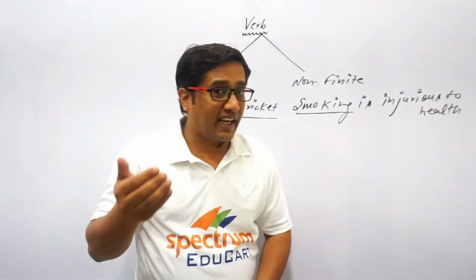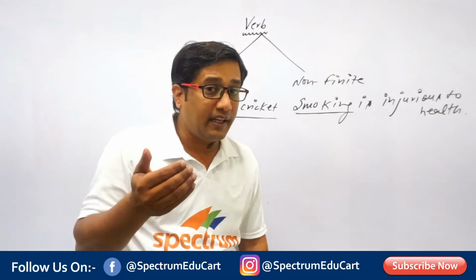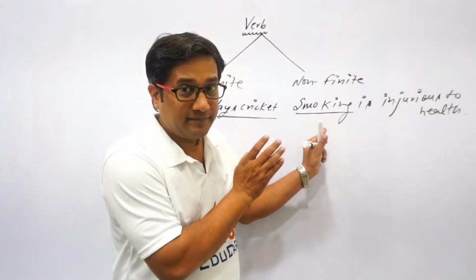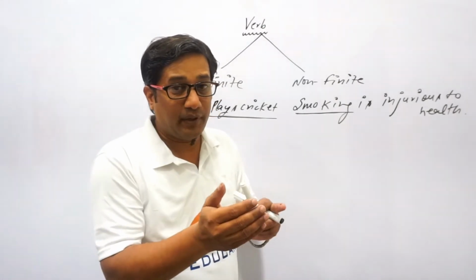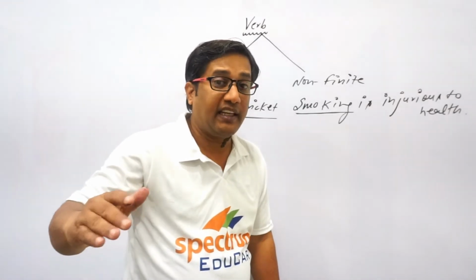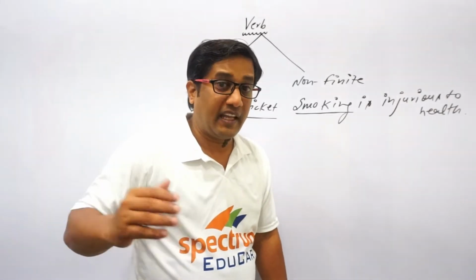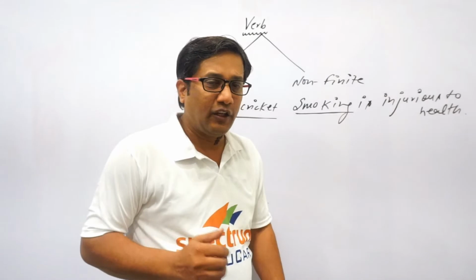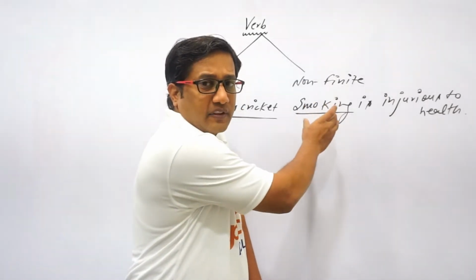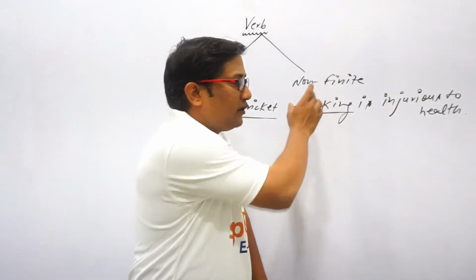But this action word here has been used as a subject. And smoking can also be used directly as an action word. For example, he is smoking, they are smoking, right? Such types of formation come under non-finite verb.